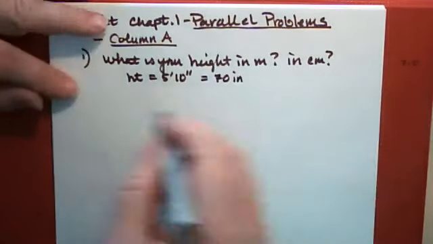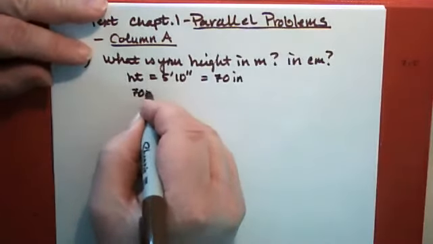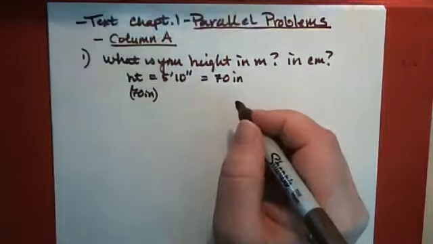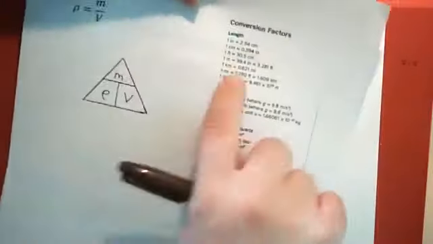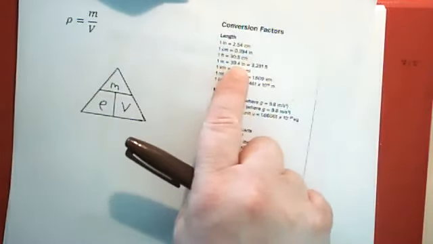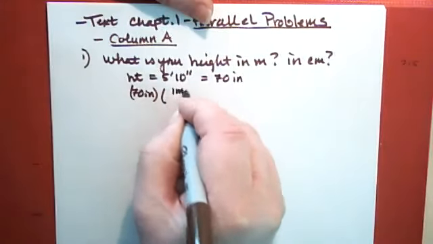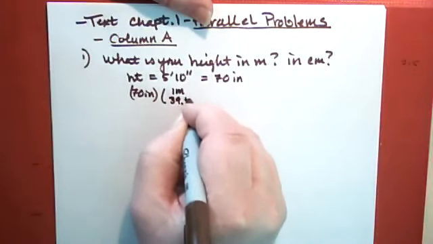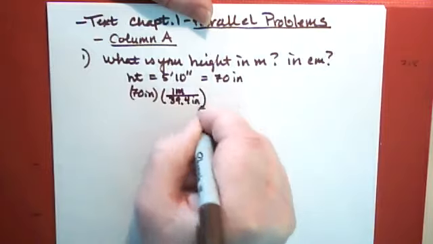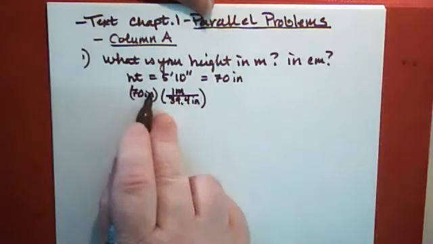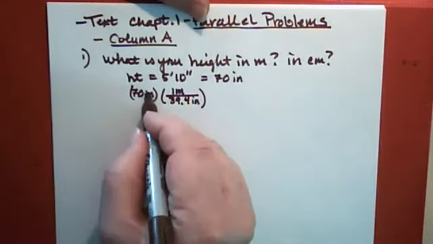Okay, so now that we've got 70 inches, we can use our conversion factor, which says that 1 meter is 39.4 inches. And you want inches on the bottom because that's the unit we want to cancel out.